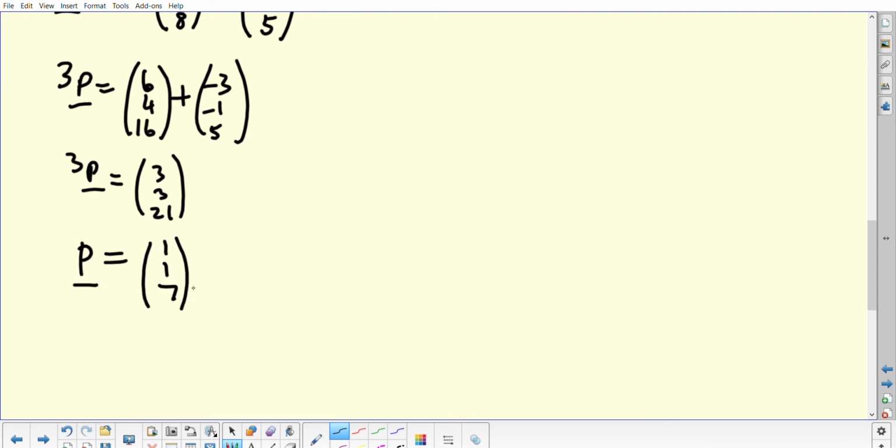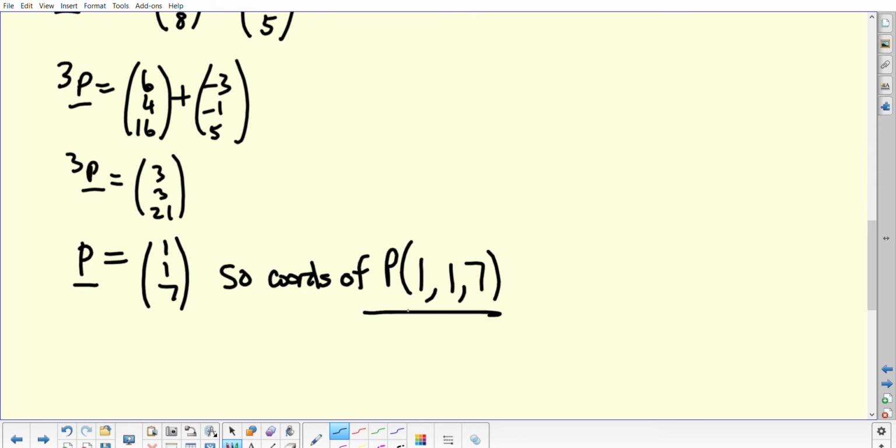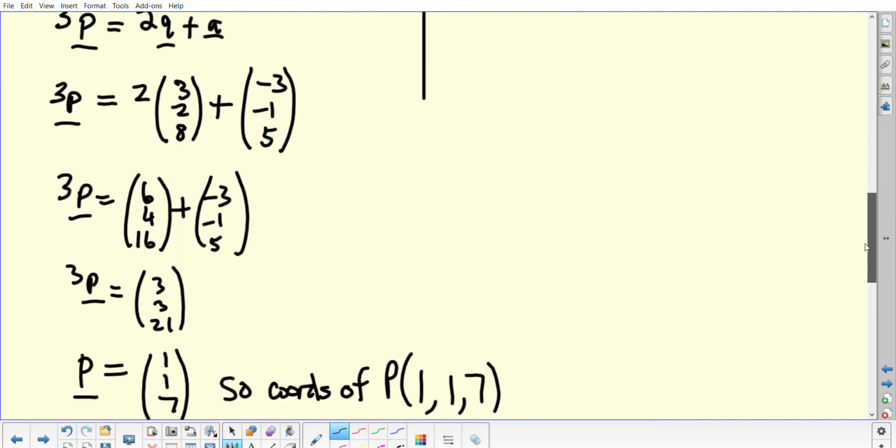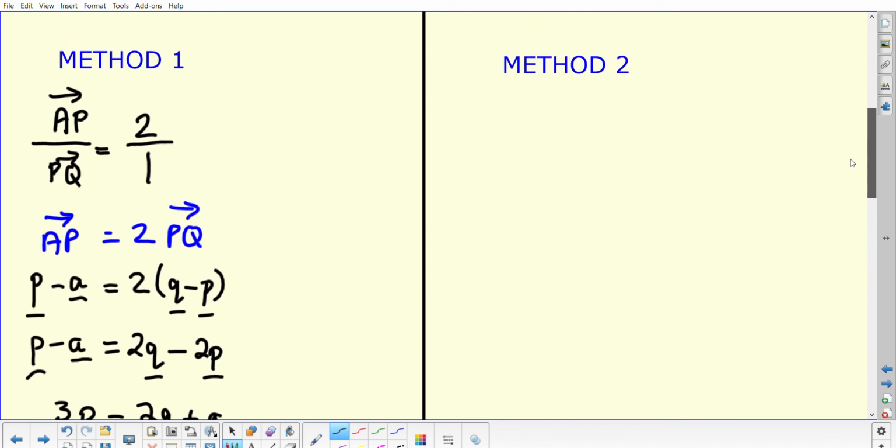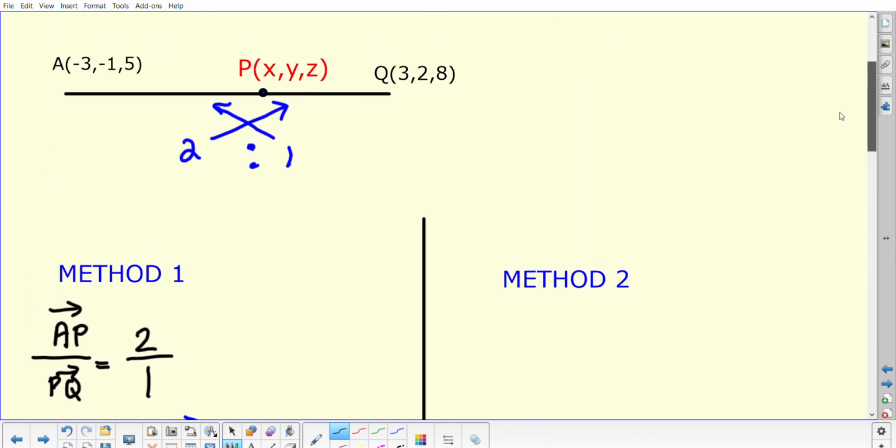Now remember, that's the position vector, so the coordinates of the point P would be written out along the way, so 1, 1, 7, and that would be your final answer.